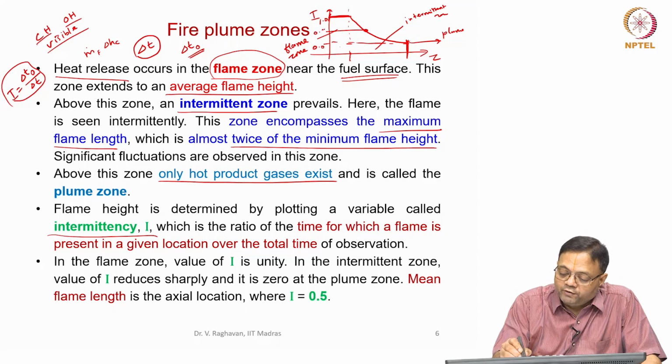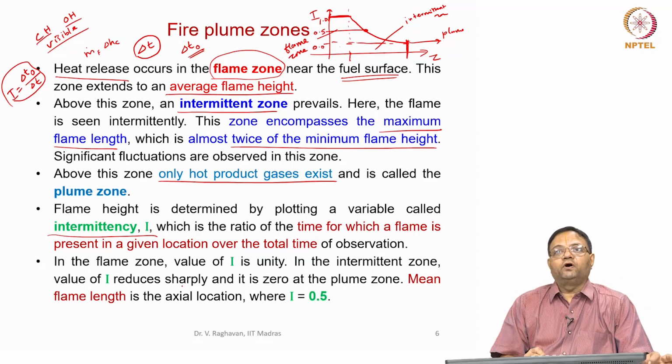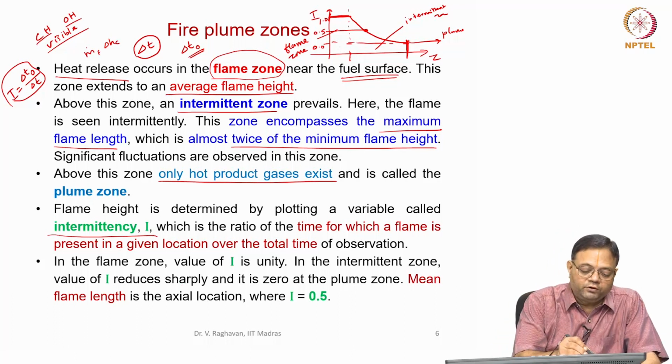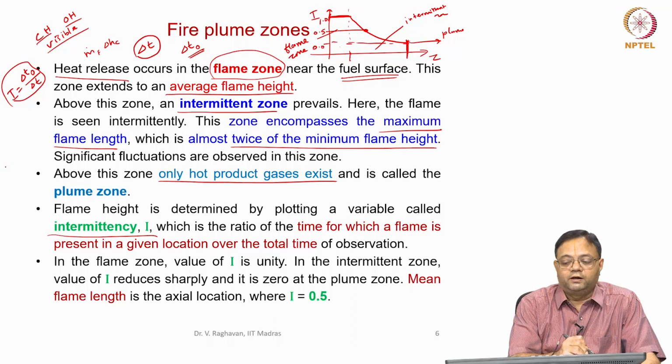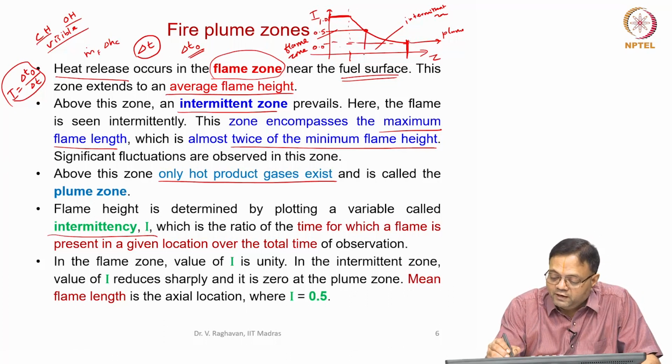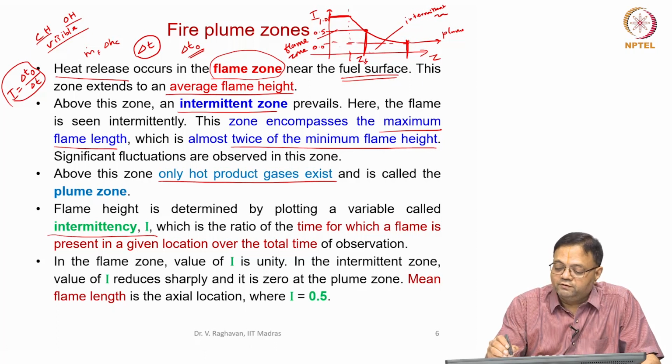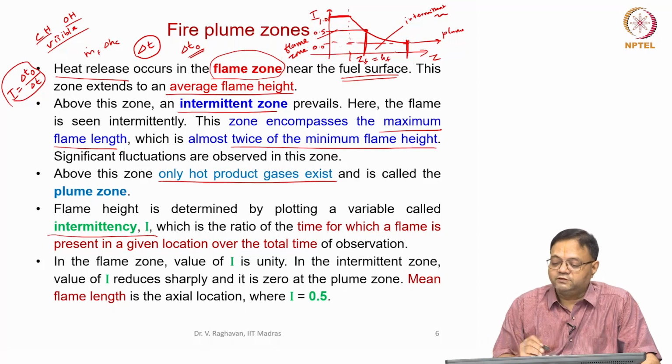Now, this is 0.5 intermittency, at least for 50% of the time duration, that is delta T0 is 0.5 times delta T. In that case this location is, I will say, the average flame height, HF.